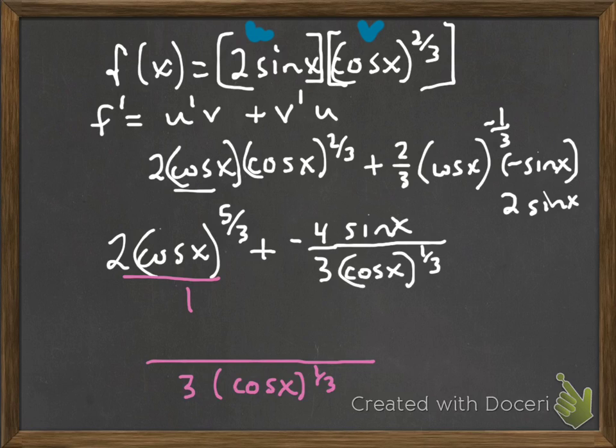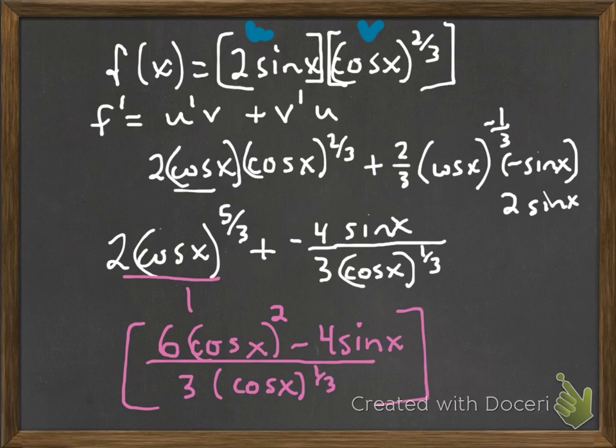So I multiply, and I get 6 cosine x to the 1/3 plus 5/3 is 6/3, which is 2, minus 4 sine x. Much easier to solve when you have it written as a fraction. Get used to it. It's just how the form is going to be. And that's some chain rule.